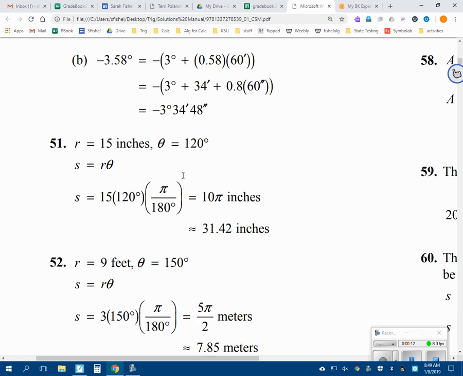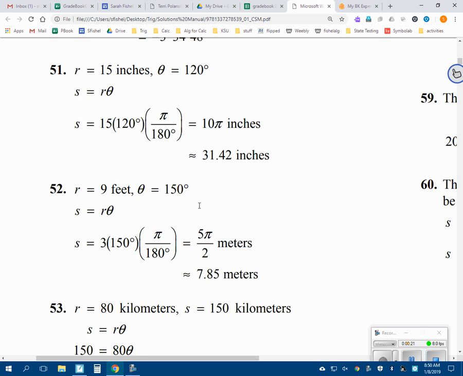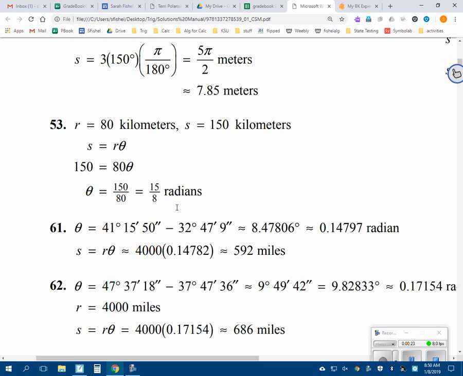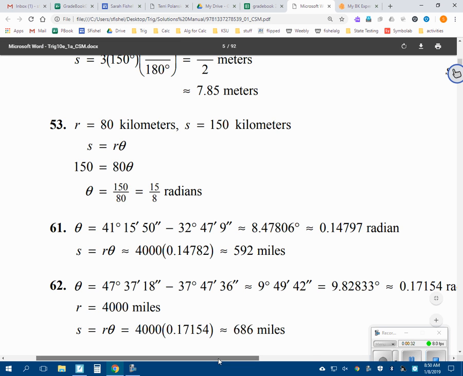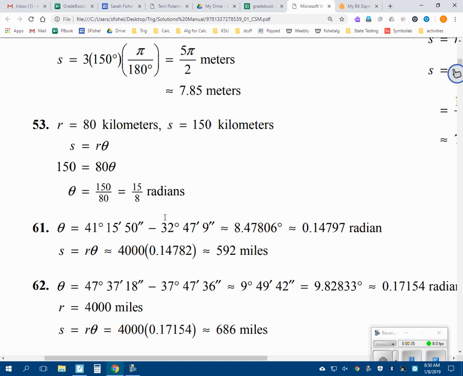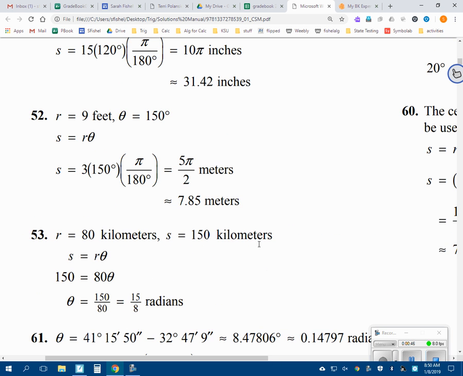Number 51 is 10 pi inches, or that would be 31.42 inches. 53, theta is 15 over 8, which is in radians. 15 divided by 8, because you guys can't put that in your calculator and figure that out. 1.875 radians would be correct. 52, if you happen to do it, is 5 pi over 2 meters, which is 7.85 meters.